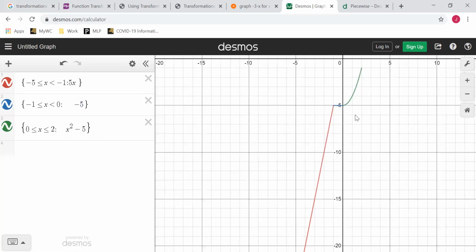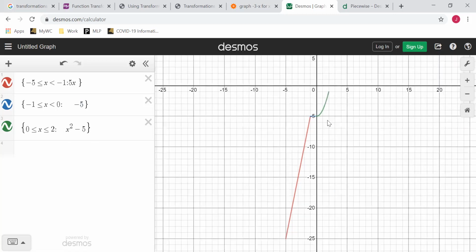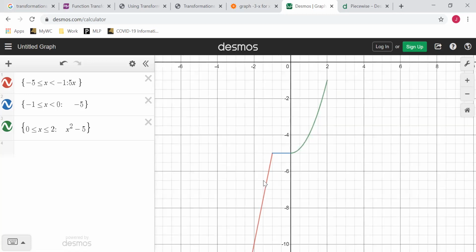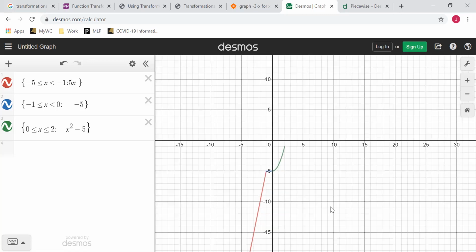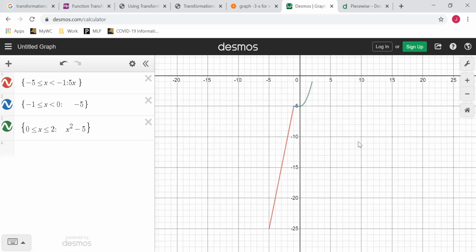So what we can see is this is a different piecewise function. It's nice that Desmos does colors, just different colors for the different pieces. I like that. What we can see, though, the most important thing is that this thing is actually still continuous. The last one was not continuous. There was a discontinuity there. There was a point where the graph jumped. But this one is nice and smooth.